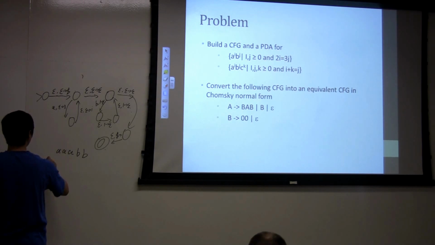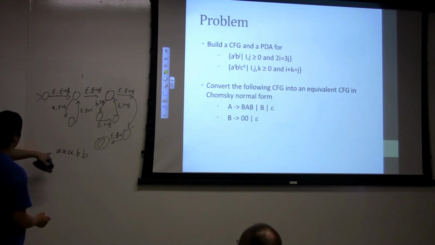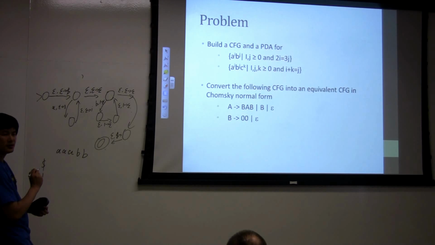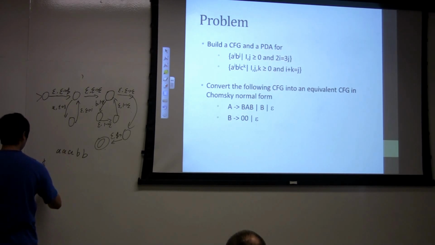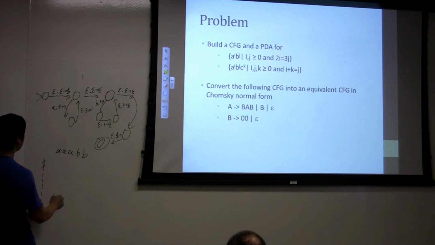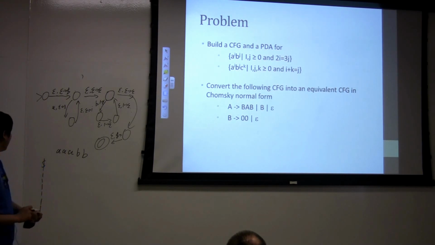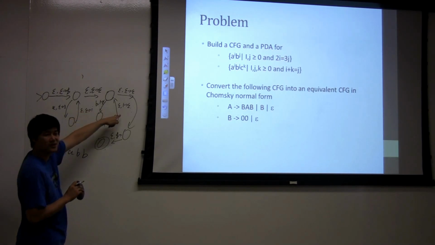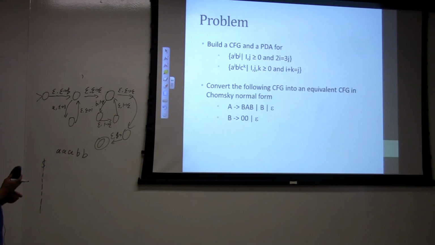The stack first will have a dollar sign, and when we have the first A, we put 2 1s here, and the second A we keep putting 2 1s, and the third A we put in another 2 1s. So how many 1s are there? 6. Then if we want to pop out all the 1s, how many B's do we need? Each B pops out 3 1s. To pop out the 6, that will be exactly 2 B's.